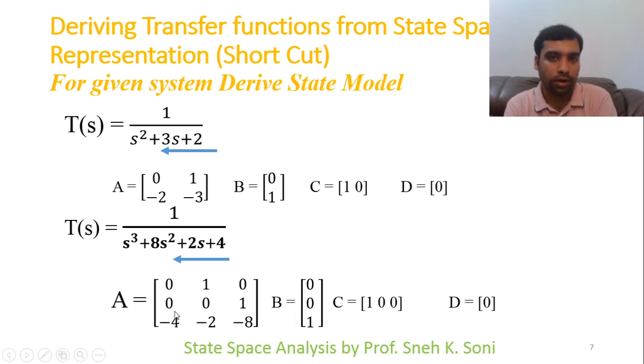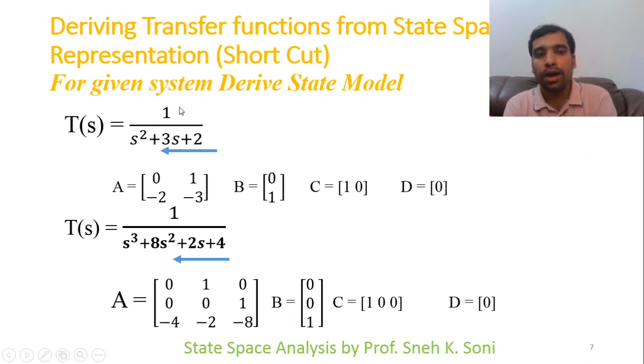So this is the shortcut, right? What about B? If my gain here is 1, then B will always have the second element as 1 and the first element will always be 0. C will always be 1 0 because there is no numerator.